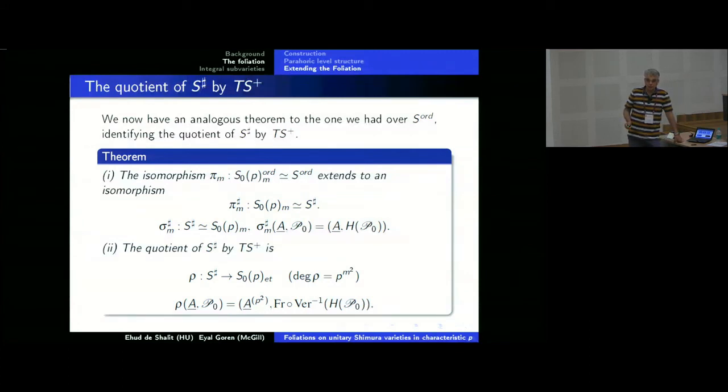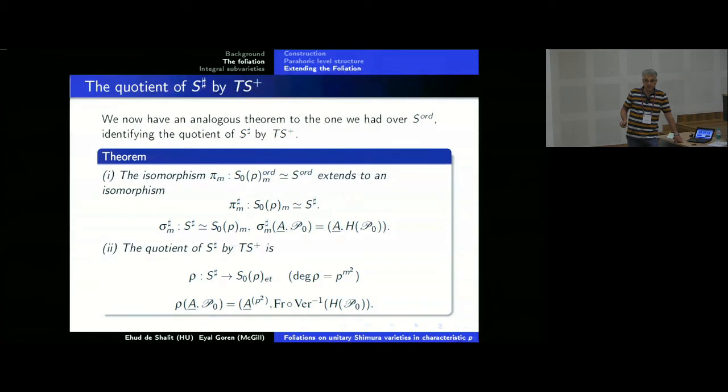So the isomorphism, well, first let's treat the trivial case of the multiplicative component, the multiplicative ordinary component, which was isomorphic to S ord. So this isomorphism extends to an isomorphism between the multiplicative component and S upper sharp.